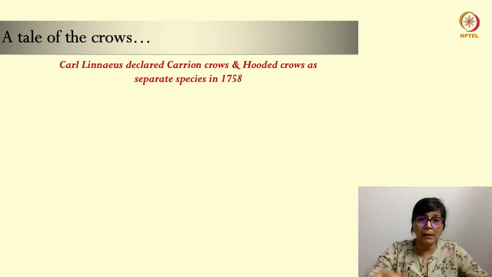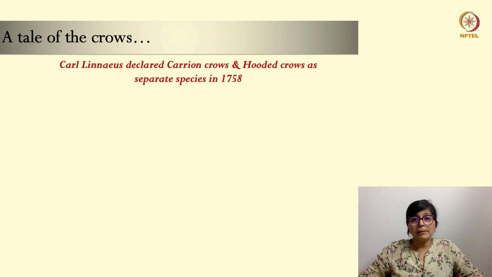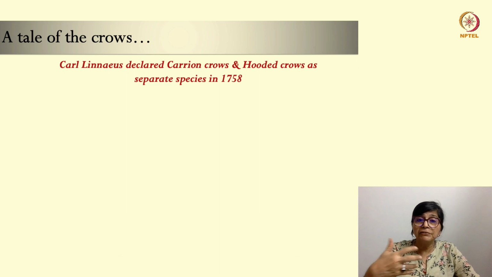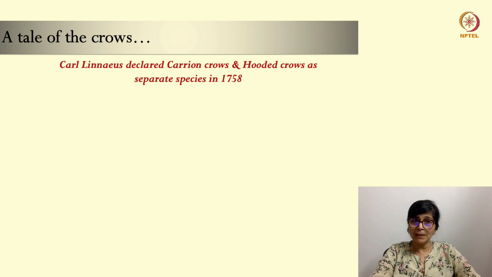Now, we were talking about this confusion existing on what are species and what are not, and we will talk about this with a tale of two crows. Carl Linnaeus declared carrion crow and hooded crow as separate species.